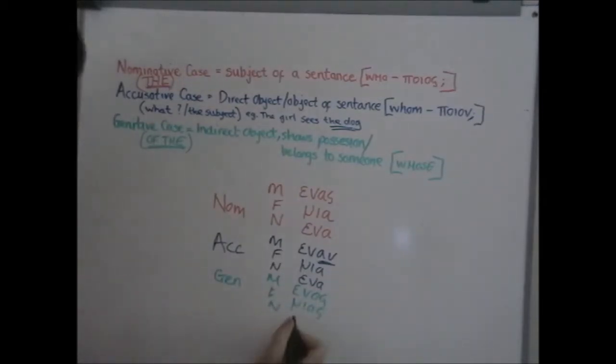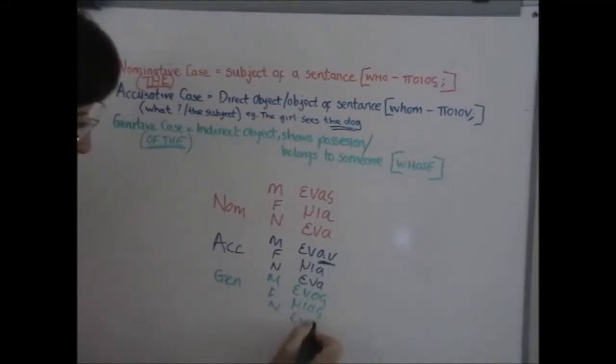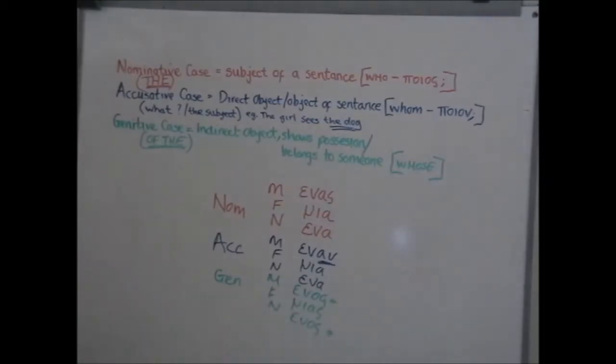And neuter, enos, the same as the masculine. So this is how we say in nominative, in accusative, genitive. One thing, a dog, a man. And remember, this is where you would make the appropriate changes. It's a singular noun.